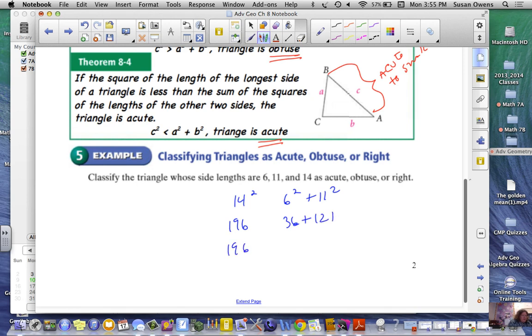So 196 compared to 157. And so you see that in order to make this true, this has to be a greater than sign, which means my hypotenuse is too big, which means that it's obtuse.